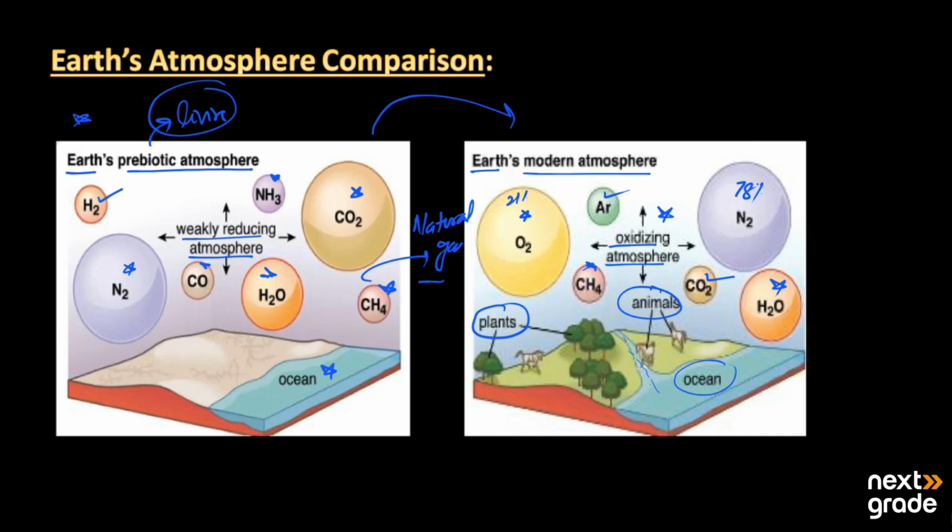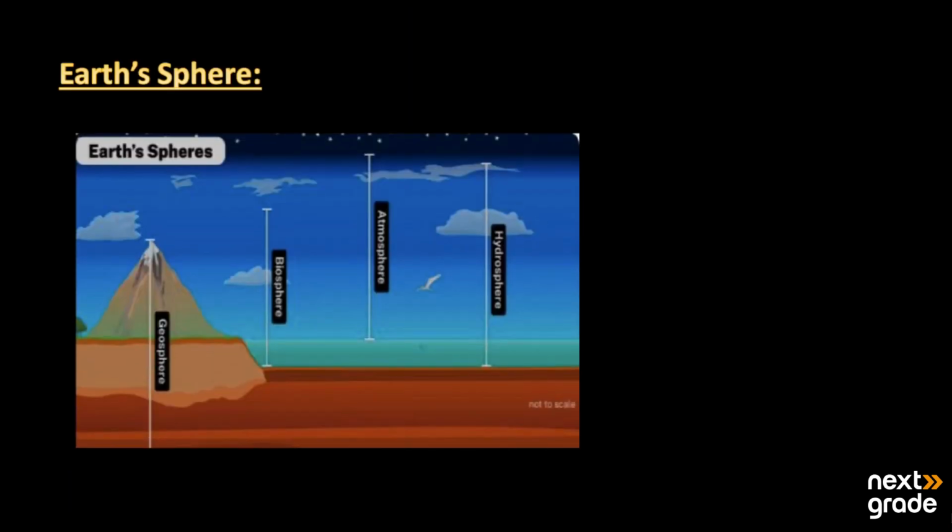After that we will discuss the Earth's spheres. Basically the Earth has been divided into four spheres. The first is the hydrosphere, which is up to the low level of water. Then we have the atmosphere, which we face as living organisms. We have the biosphere, which includes half of the atmosphere and half of the hydrosphere, where water is present.